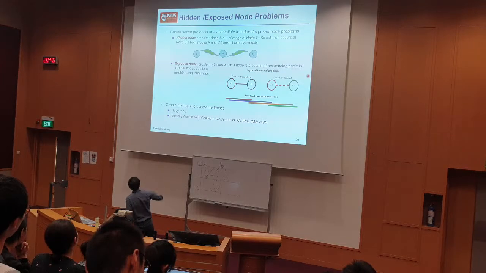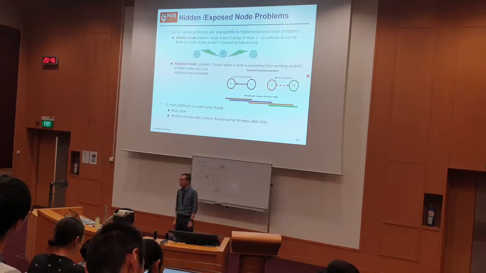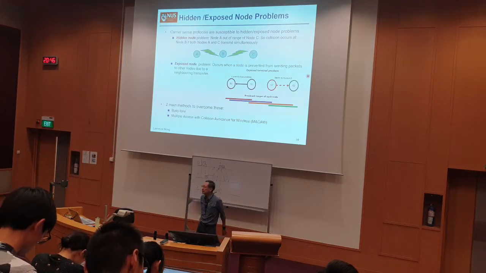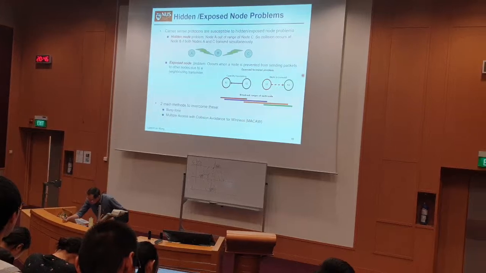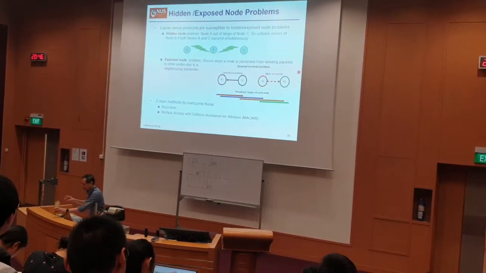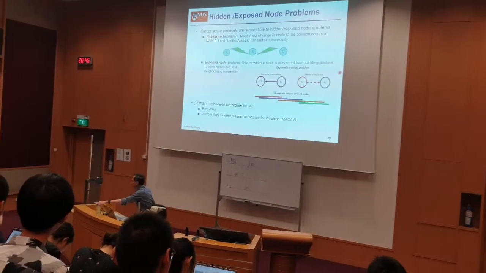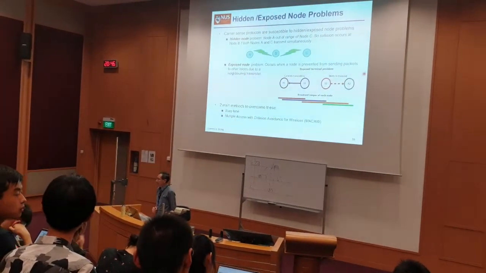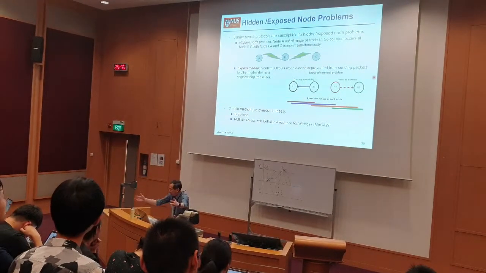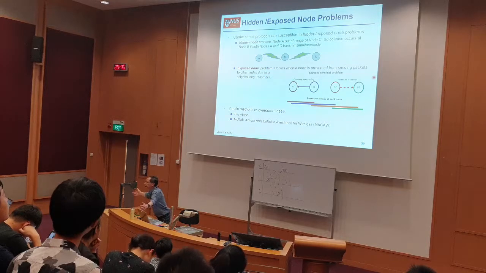The first problem is called the hidden terminal problem. I will explain the problem to you so you know what it is. A wants to send to B, C wants to send to B. A and B are in range. B and C are in range.